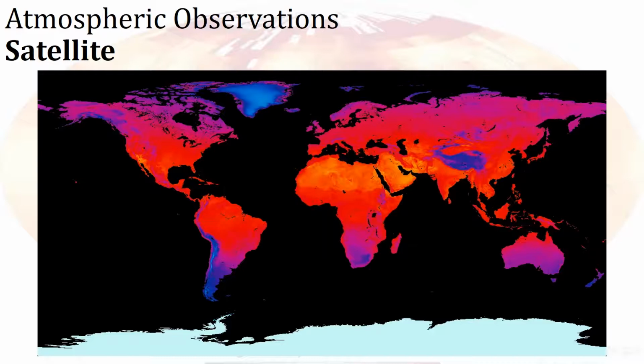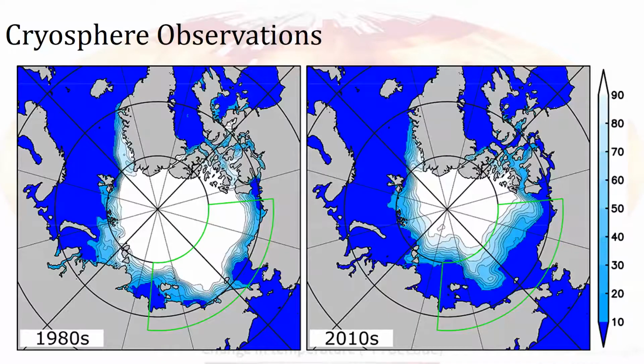Okay, so that's the basics of atmospheric observations and the data that we use to make these trends and measure those anomalies I was showing you. Let's talk about the cryosphere. I don't know how many people think about the cryosphere or even recognize it as a major part outside of maybe your Earth Sciences 101 classes. But the cryosphere, as we'll learn more and more throughout this class, is a pretty major driver of climate.